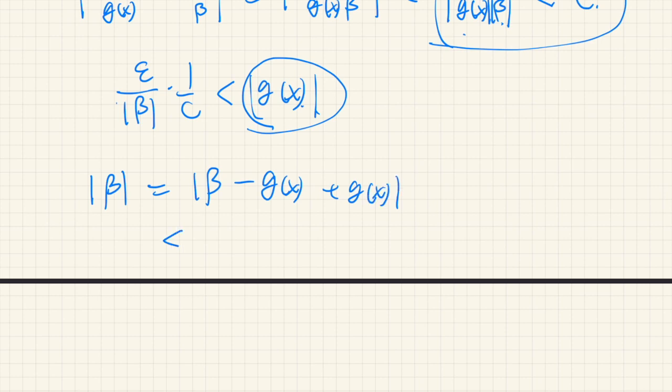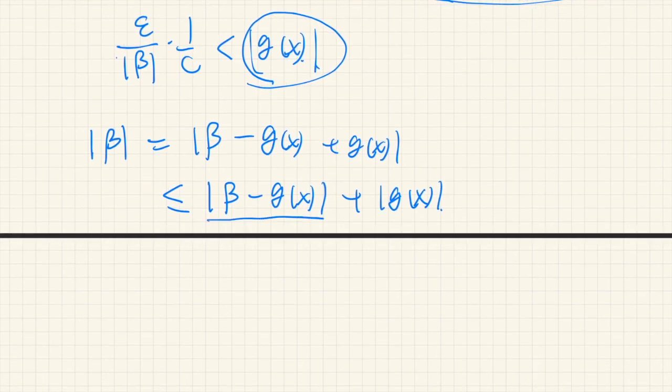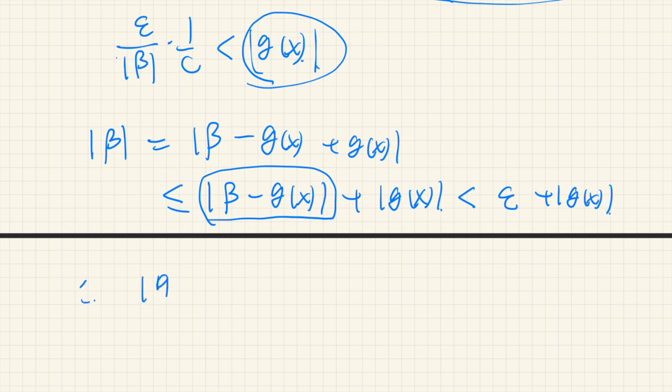By using the triangle inequality, this is at most the absolute value of beta minus g plus the absolute value of g. However, we know that this part is less than epsilon. So that's epsilon plus the absolute value of g of x. Therefore, the absolute value of g of x is greater than the absolute value of beta minus epsilon.